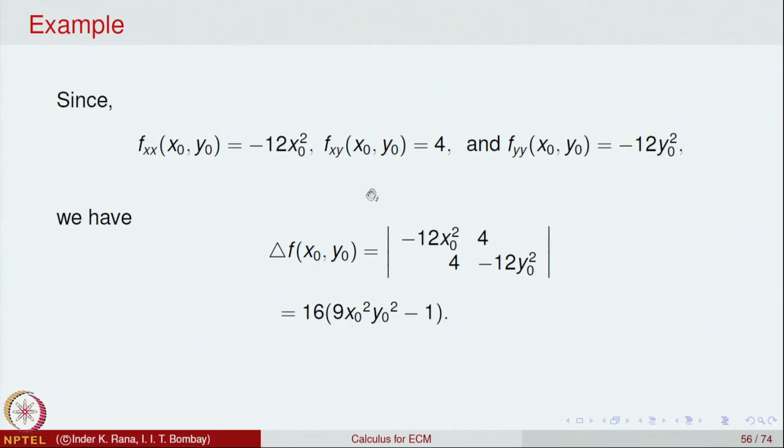In the discriminant, the first term will be f_xx, that is −12x². The second term is the mixed second order partial derivative, equal to 4.